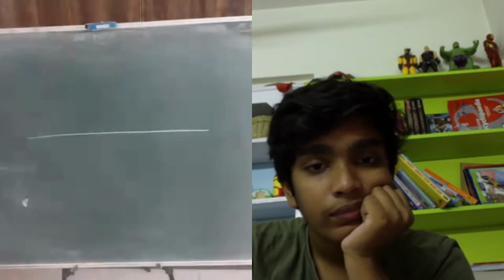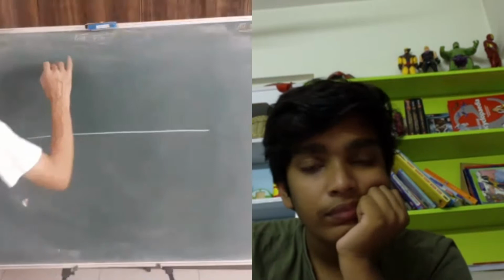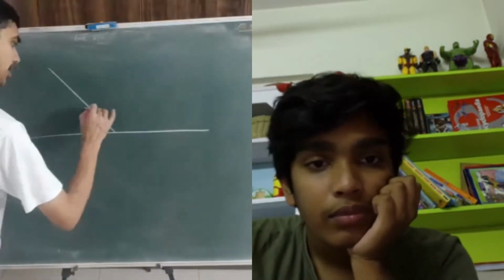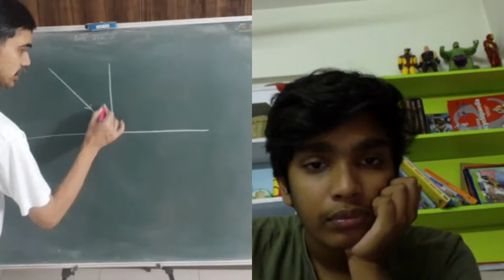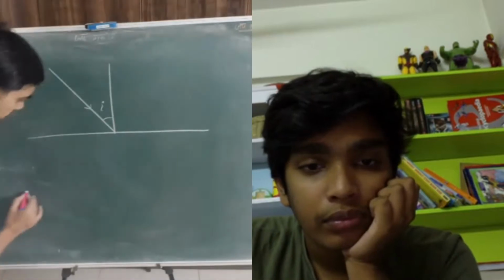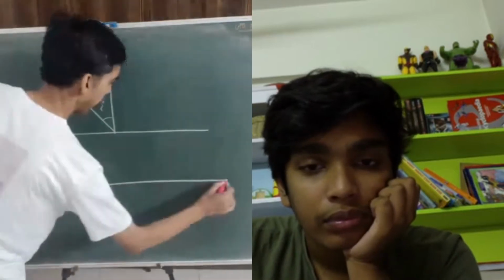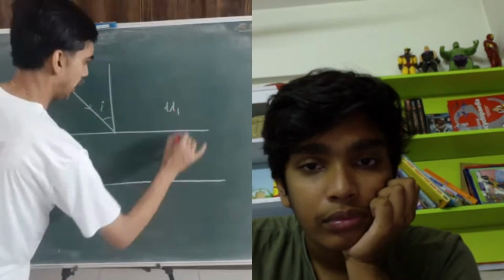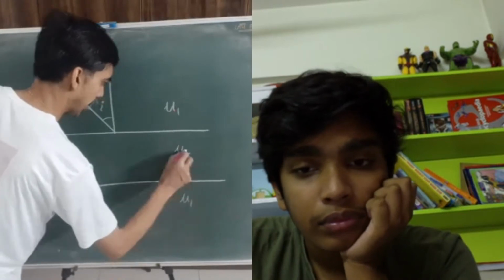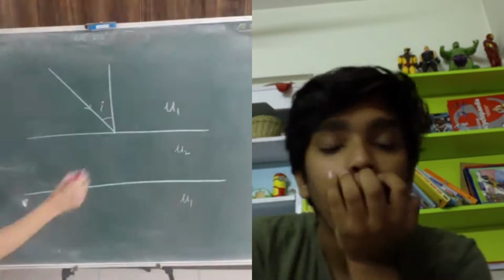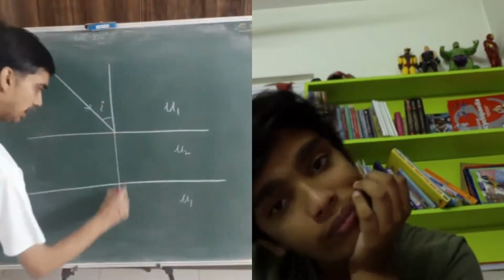What did I say, Rishabh? Mu1 and mu2. So this is I, this is the other one. This is mu1 to me, this is mu2 to me, and this again is mu1. Fine. This is the normal.